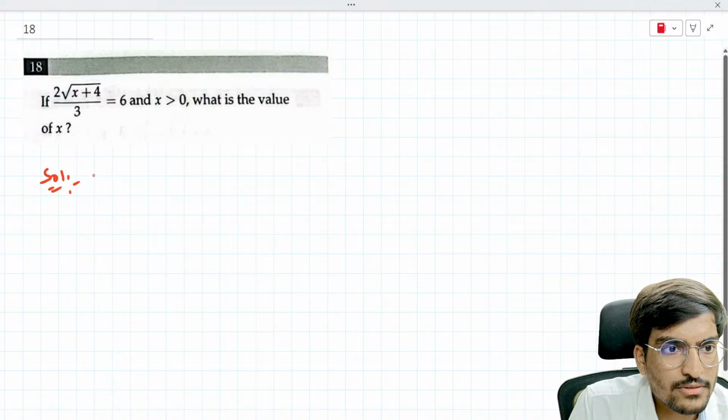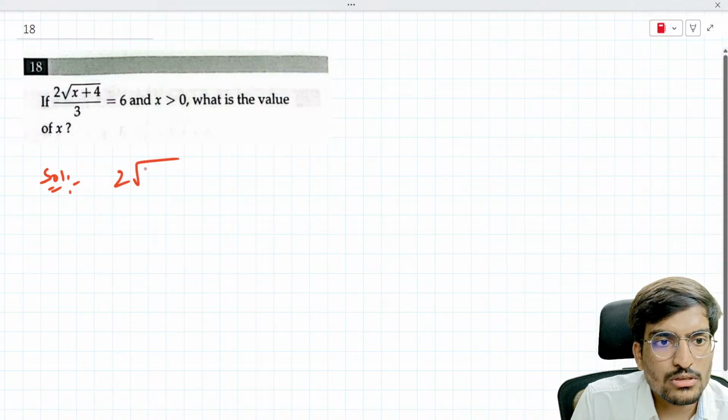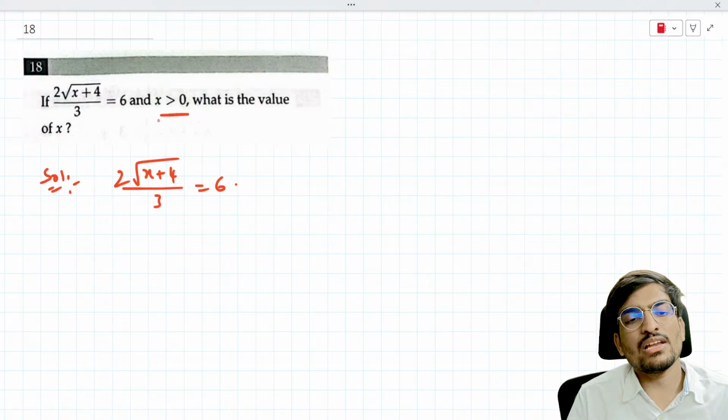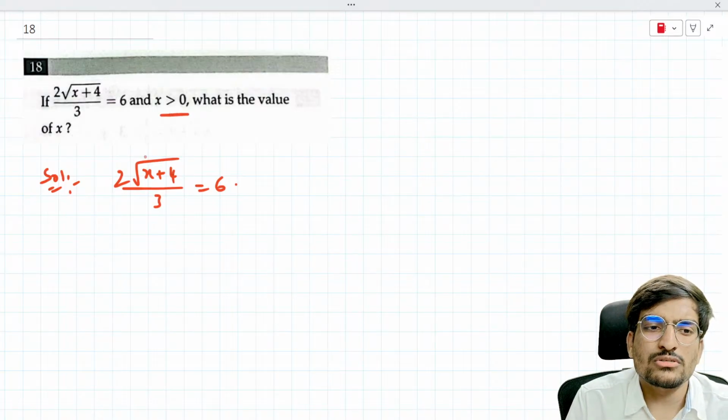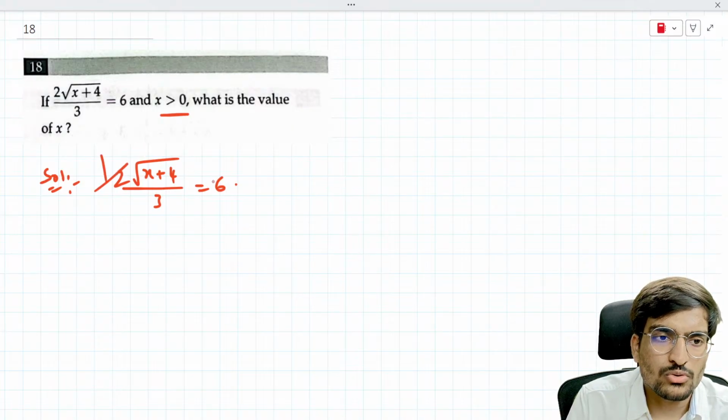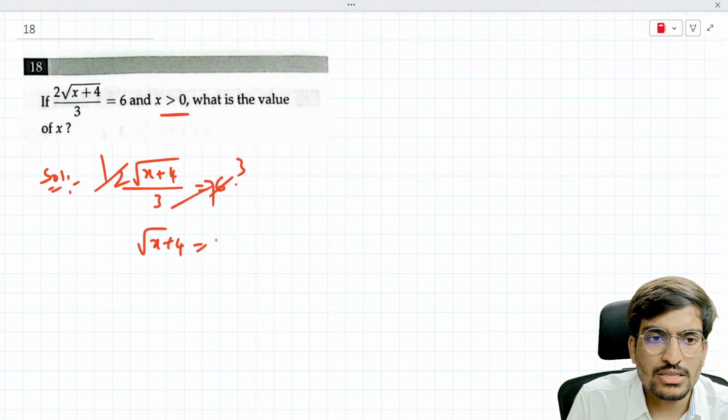If 2 root x plus 4 divided by 3 equals 6, x value is greater than 0. What is the value of x? What you do first to remove this root, and all these things. First of all, 2 1s, 2 3s, so root x plus 4 equals 3 3s are 9 directly. You have to remove this root.